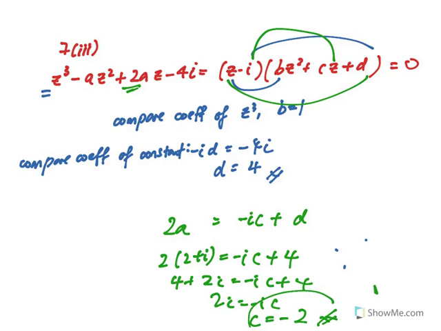So we have found c, we have found d, we have found b. Very quickly, we can say that our equation can be written in the form z minus i, and z squared minus 2z plus 4, equals 0.